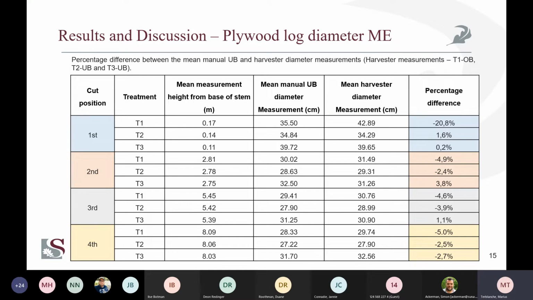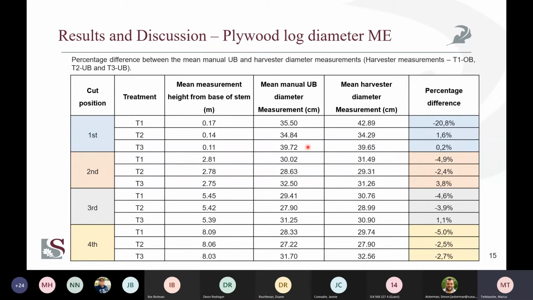For trial 1, that harvester measurement is obviously over bark. And as you can see with treatment 2, with the length-based bark deduction method, the manual measurement was 34 centimeters, and the harvester's measurement with the bark deduction method was 34.29.